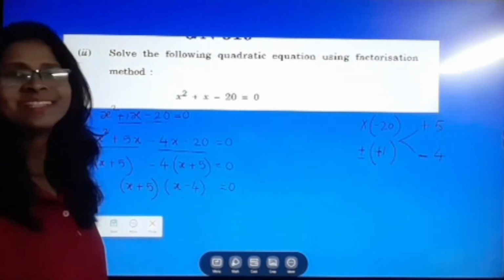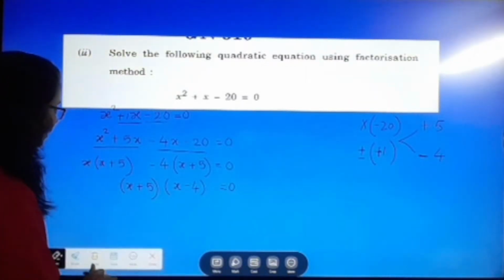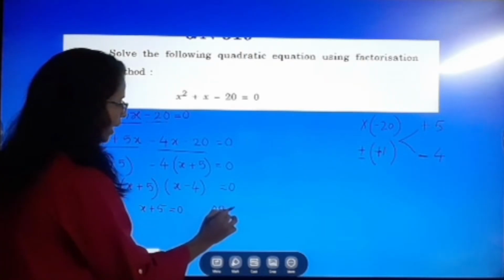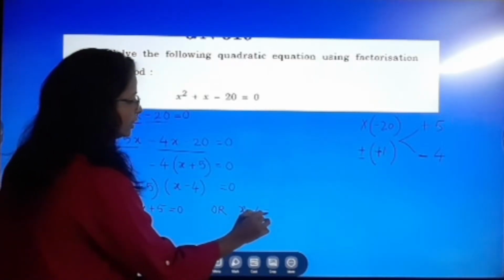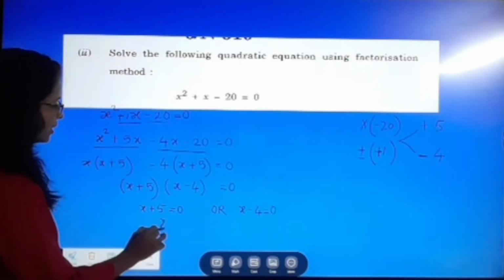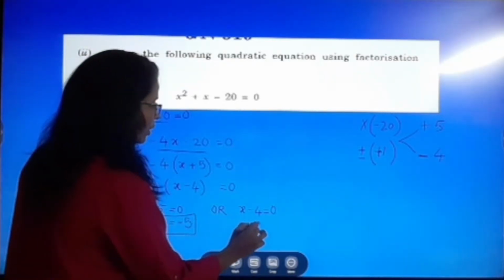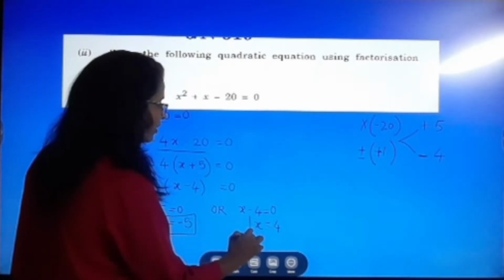Very easy, students. And then the next step will be x plus 5 is equal to 0, or x minus 4 is equal to 0. So now, students, x is equal to minus 5, and x is equal to 4.